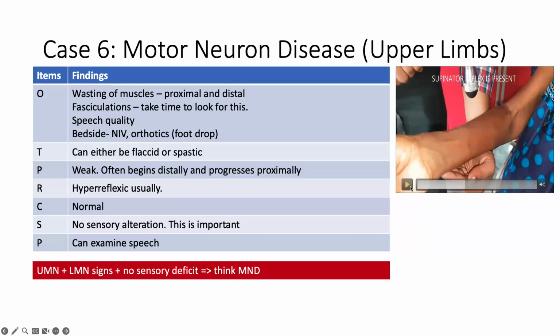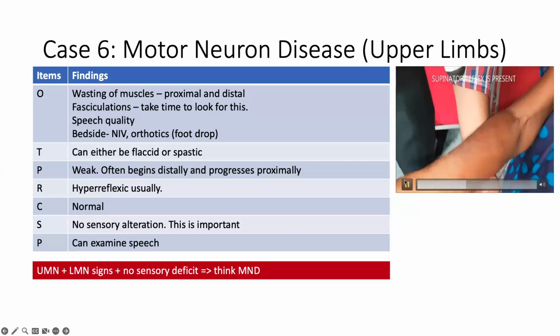Another bit is what we call spreading of reflex. So he's trying to tap the brachioradialis tendon, which is supposed to cause only a small degree of wrist supination. But look at what happens as well.